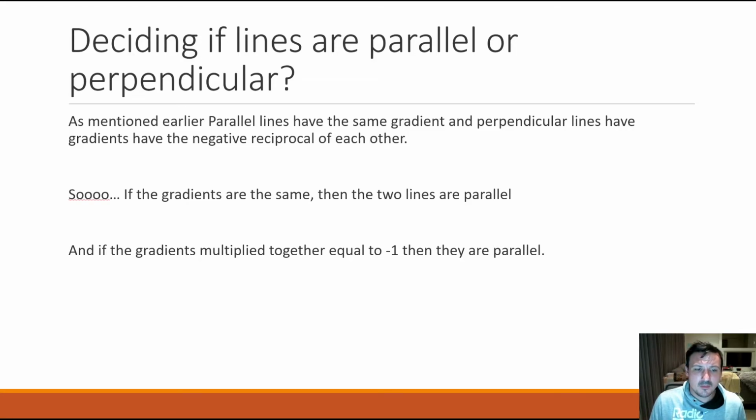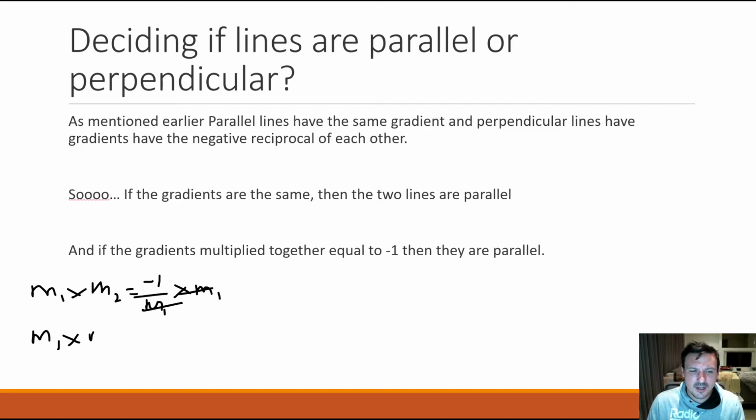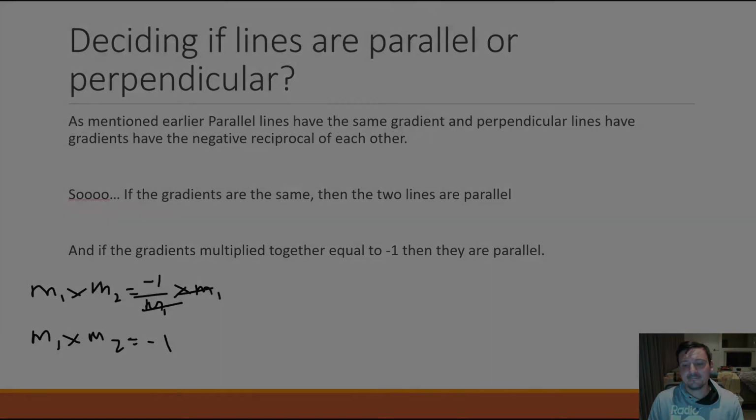Where this comes from is if we say m2 is equal to negative 1 over m1, and we manipulate this equation slightly by multiplying both sides by m1, we cancel that, and what we get is gradient 1 times gradient 2 equals negative 1. And this is where that concept comes from.